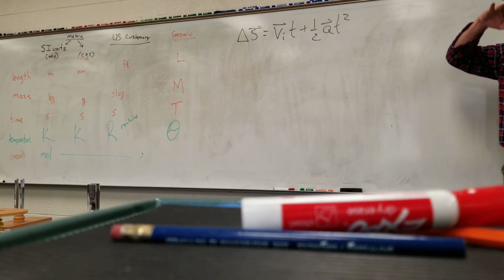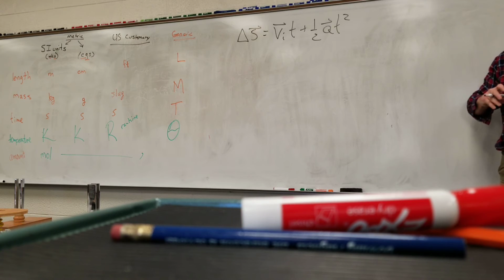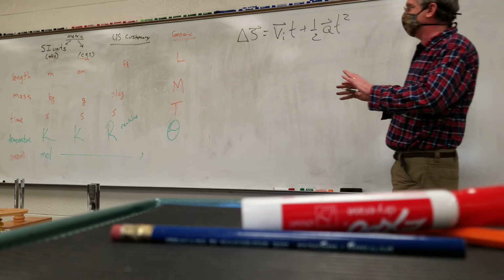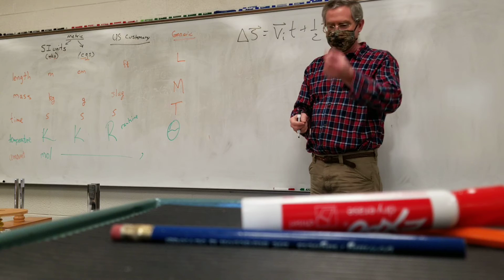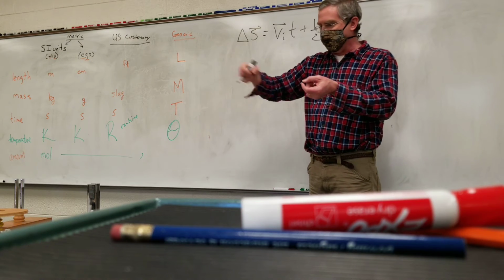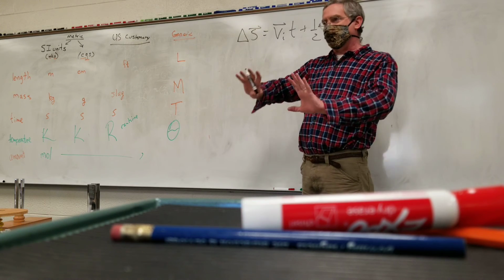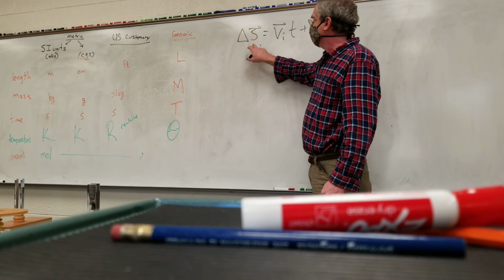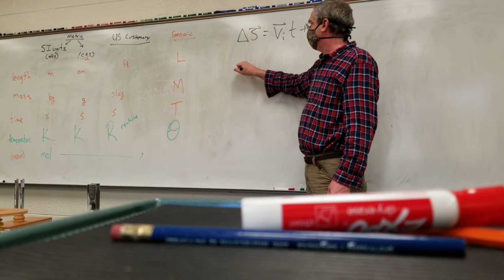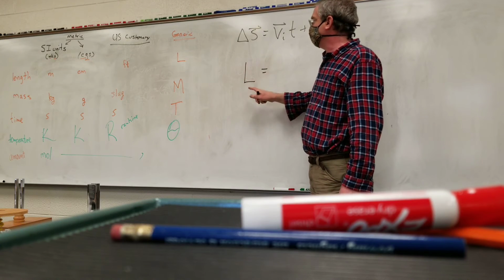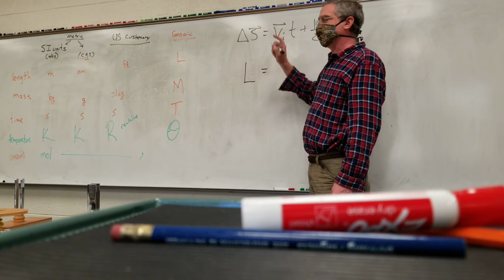This is just a very crude check to see does this equation make any sense whatsoever. It's just a first check. This is displacement, which deals with I start at this point, I end up at that point, how far away and in what direction. We're not going to worry about the direction, but the magnitude of this is just a length. So this would be L. All I'm doing is putting in the units for this equation right here.